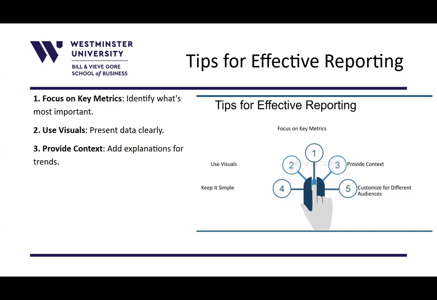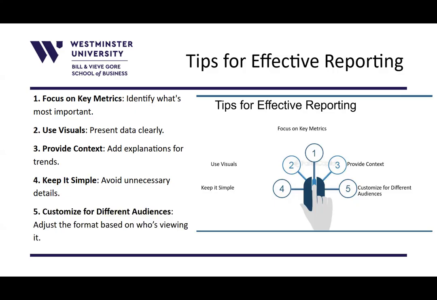You will also have to provide context, explaining the trends or changes in the data. You will have to keep it simple to avoid unnecessary details, and you will have to customize for different types of audiences. By following these tips, you can make sure your financial reports communicate the right message effectively and efficiently.